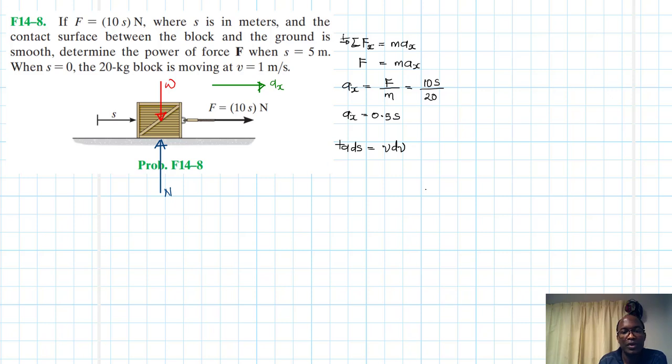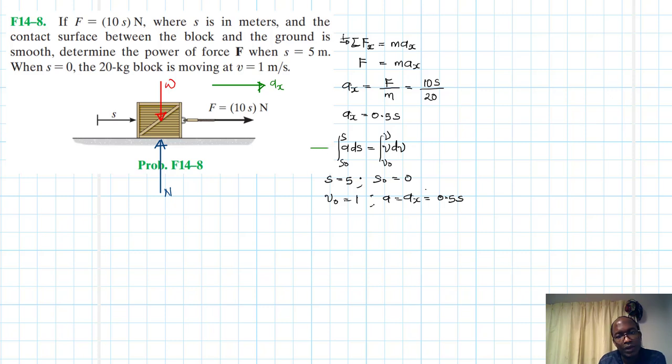So we want to integrate this from s naught to s, and v naught to v, where our s is equal to 5, our s naught is equal to 0, our v naught is equal to 1, and our a is just equal to a_x, which is equal to 0.5 s.